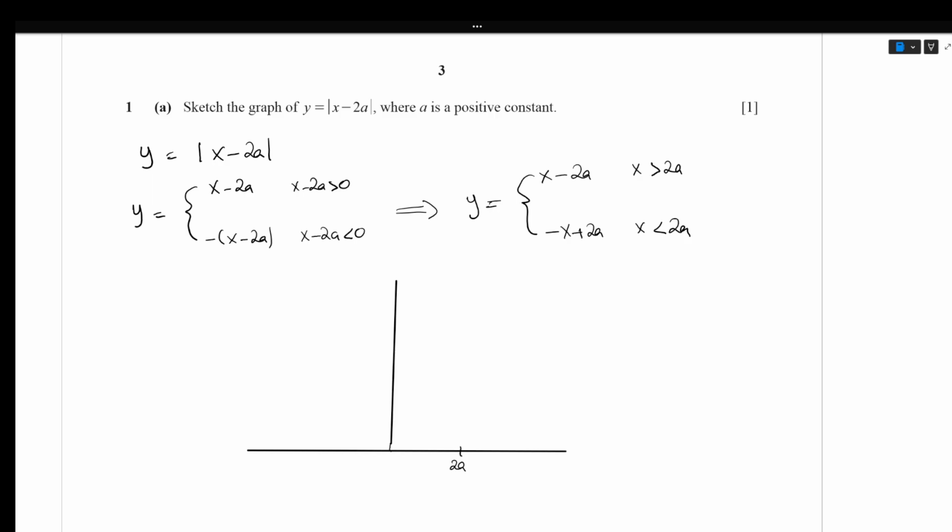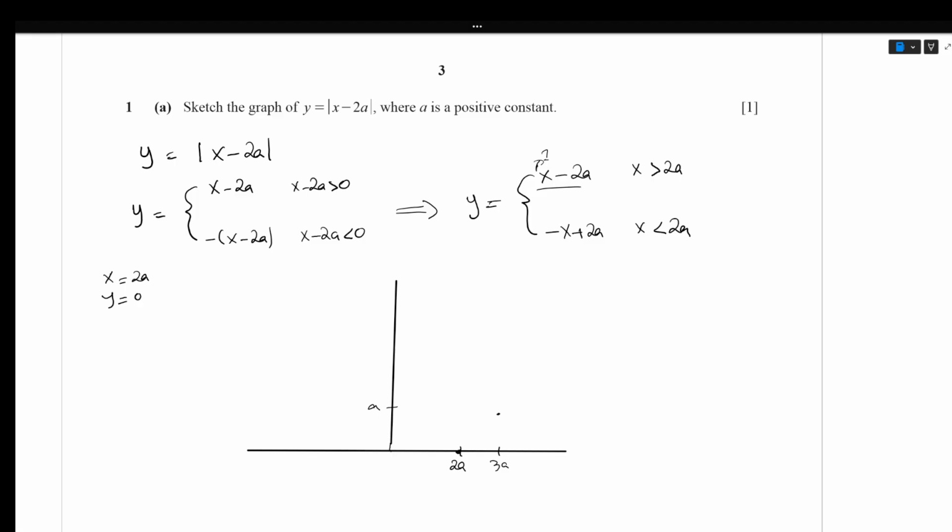Then for x minus 2a, it's a straight line with a gradient of 1. So at x equals 2a, y is 0. So we have a point over here. And then when x is 3a, our y will be at a.